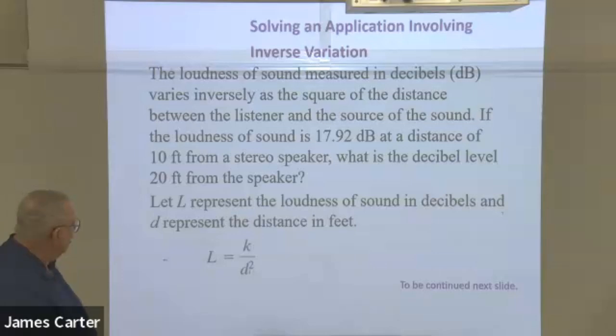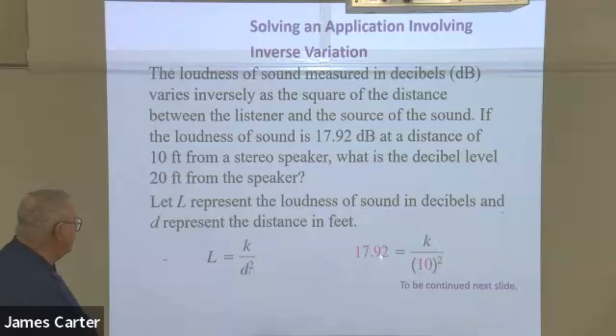Okay. Looks a whole lot like that electrical resistance formula, doesn't it? Except we have distance instead of diameter. Well, because this is inverse, the farther we are, the less the sound. The closer we are, the more the sound.